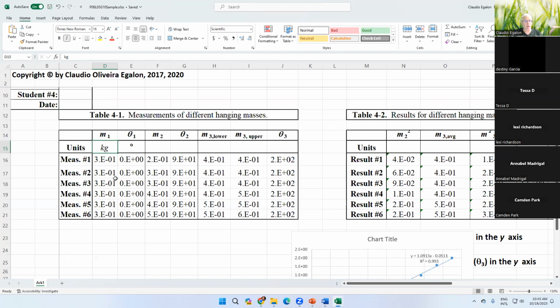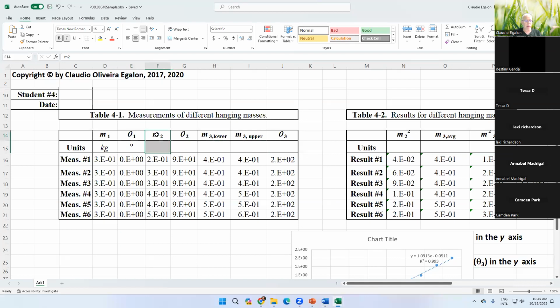It's already given to you, right? M1 is just kilograms. Yeah, that's right. What's the unit for theta 1? It's in degrees, right? Yeah.